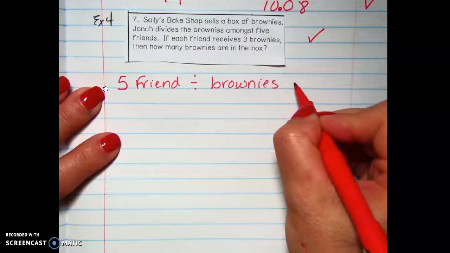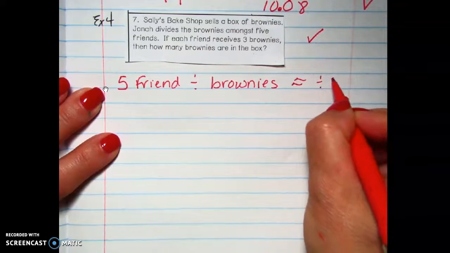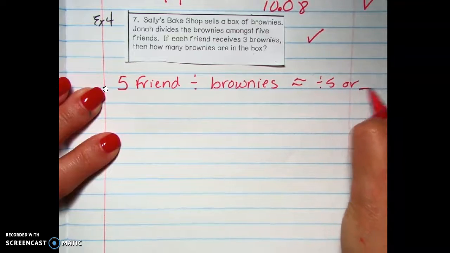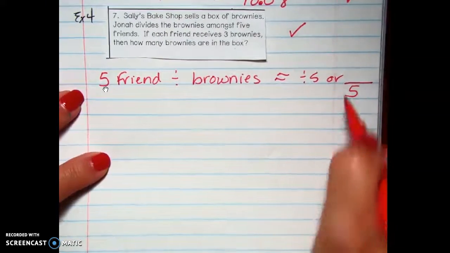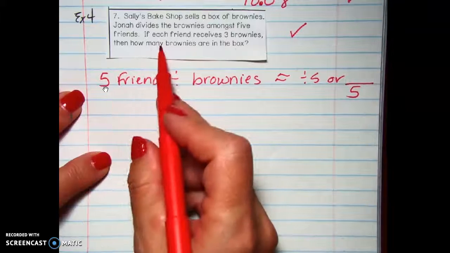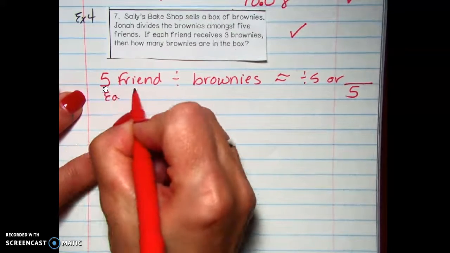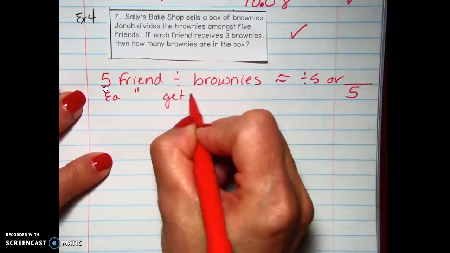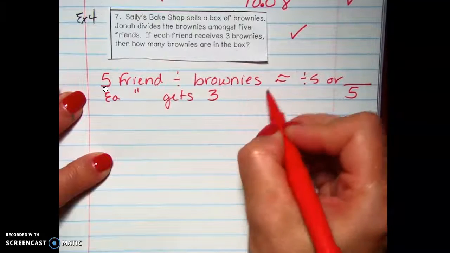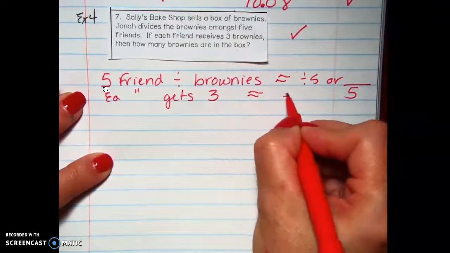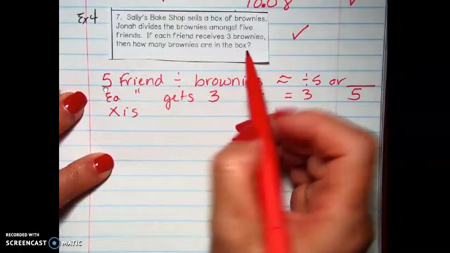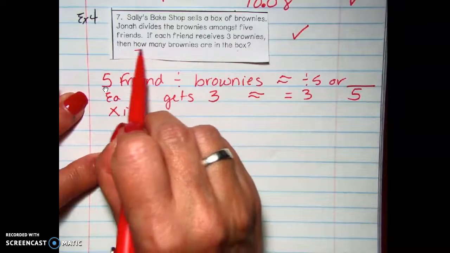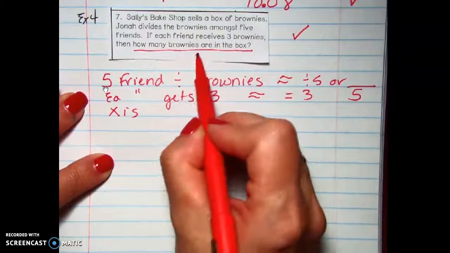So actually I can write it as divided by 5, or since we are using our division that looks like a fraction, I can leave it like that. Each friend gets 3 total. So that's actually going to be equals 3.